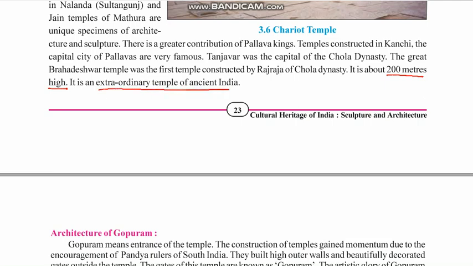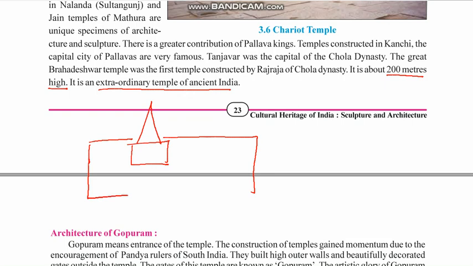It is a very important temple, and it is said that the shadow of the temple doesn't fall on the earth. Now, why is it so? Because the temple is built in such a way that around it there is a huge compound bordered by a wall.